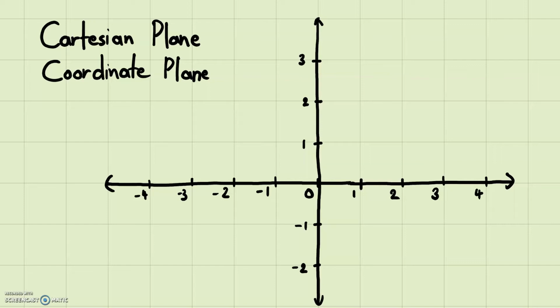The horizontal line here is what we call the x-axis, and the vertical line here is what we call the y-axis.